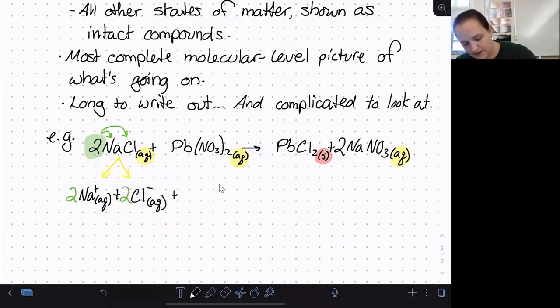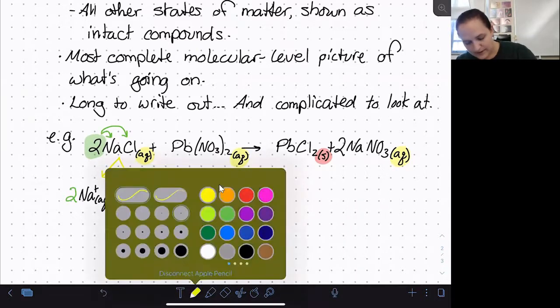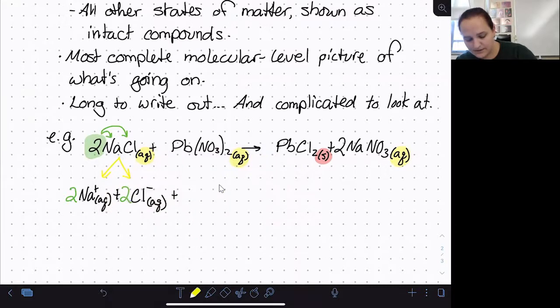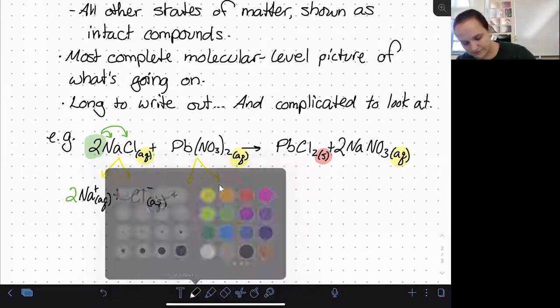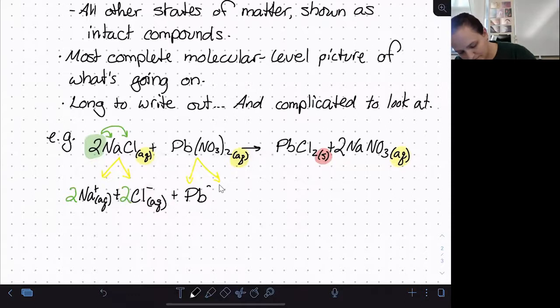Our next compound, lead nitrate, is also aqueous, so that's going to get split up into its 2 separate ions, lead and nitrate. So we have lead with a +2 charge and nitrate with a -1.